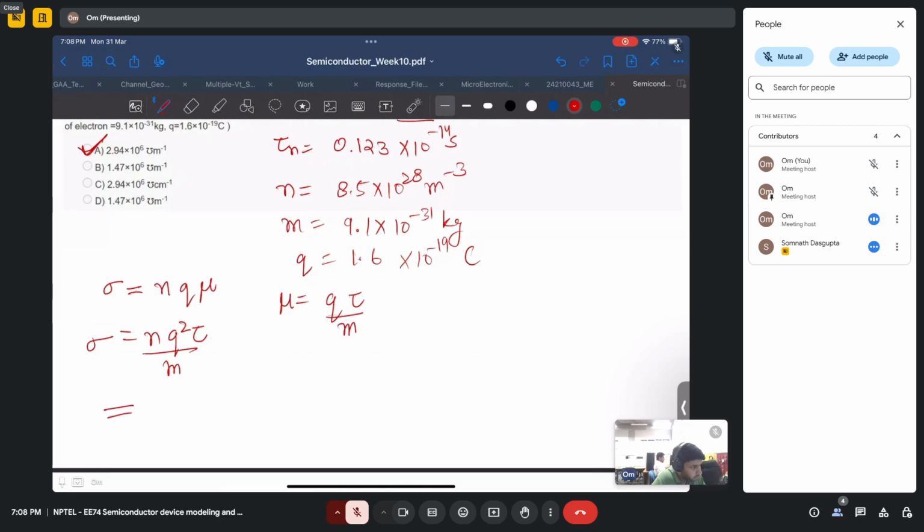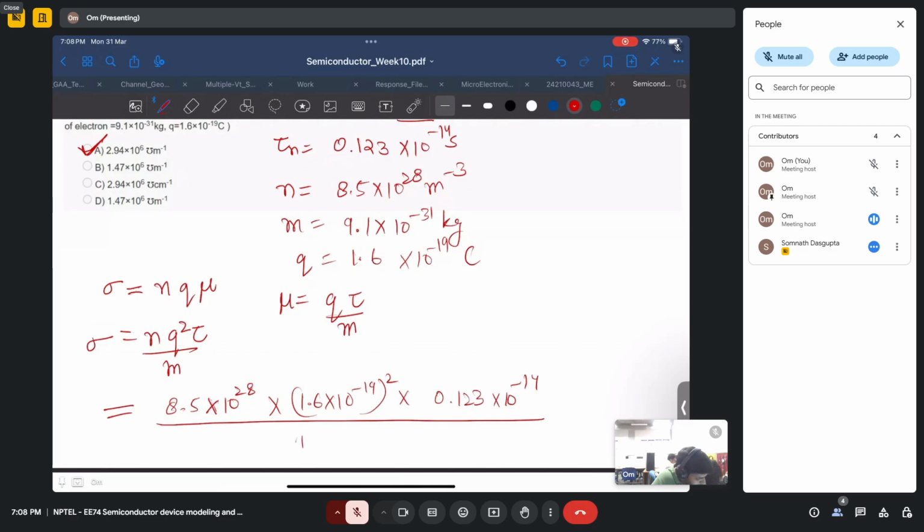So by substituting all the values, n is 8.5 into 10 to the power 28. q is 1.6 into 10 to the power minus 19, whole square. Tau is 0.123 into 10 to the power minus 14. m is 9.1 into 10 to the power minus 31.